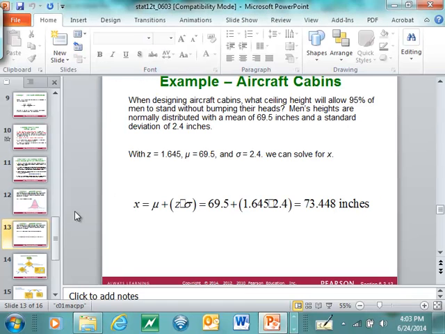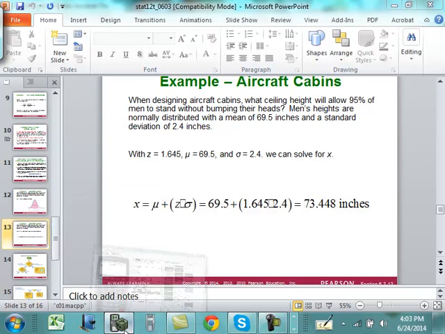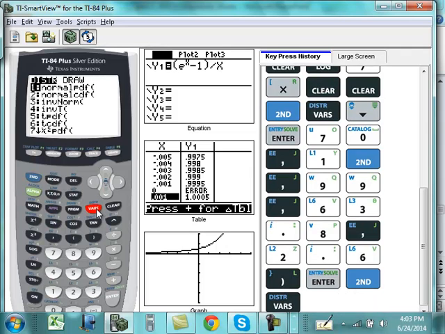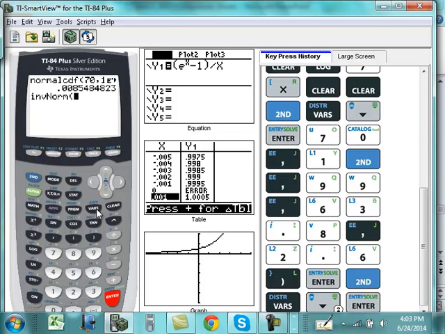Now, I'm going to go to my graphing calculator here. Let's do the same problem. Here's my graphing calculator here. Go back into the distribution menu. Go down to inverse norm, which is option 3. Now we want to find the x value that's associated with 95% area to the left.